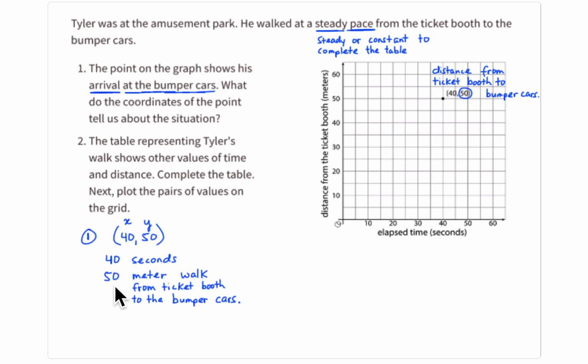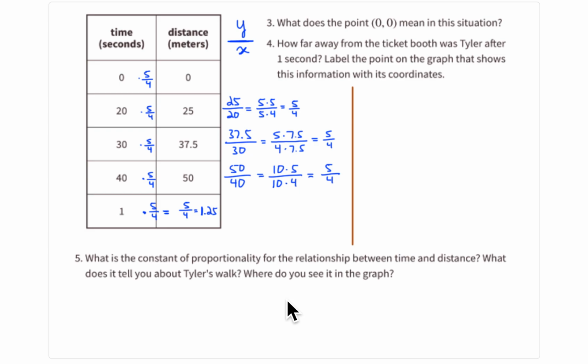From that information, you can get the distance he walks per second. You just divide 50 by 40. 50 divided by 40 will tell you how fast he walks per second. What's his rate per second? And that's going to get us to the constant of proportionality.